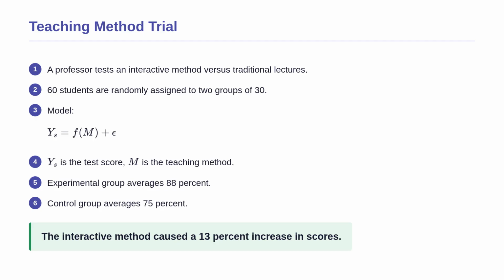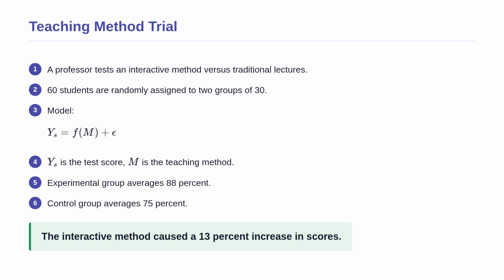Now that we have our mathematical blueprint, let us see this with a concrete example. A university professor wants to know if a new interactive teaching method improves student test scores compared to traditional lectures. The professor randomly assigns 60 students into two groups of 30 to ensure the error term, like natural intelligence, is evenly distributed.